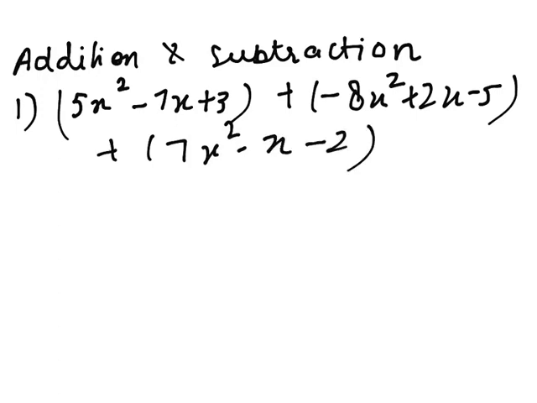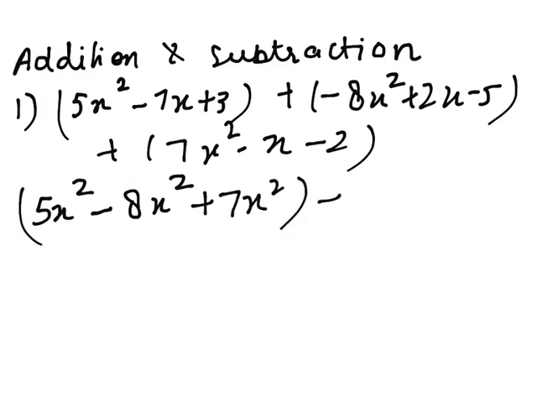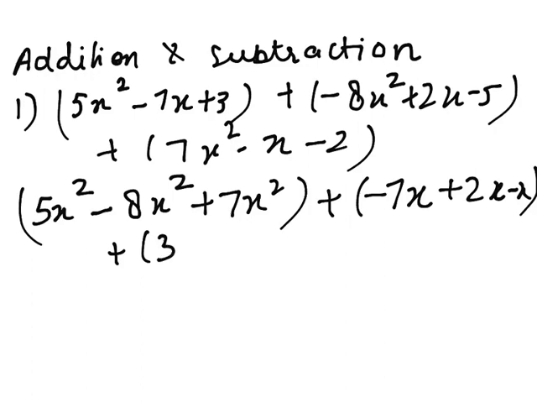First of all, we will collect the like terms. 5x square minus 8x square plus 7x square. Then we have minus 7x plus 2x minus x. Then we have 3, 5 and then 2. So here we complete collecting the like terms.